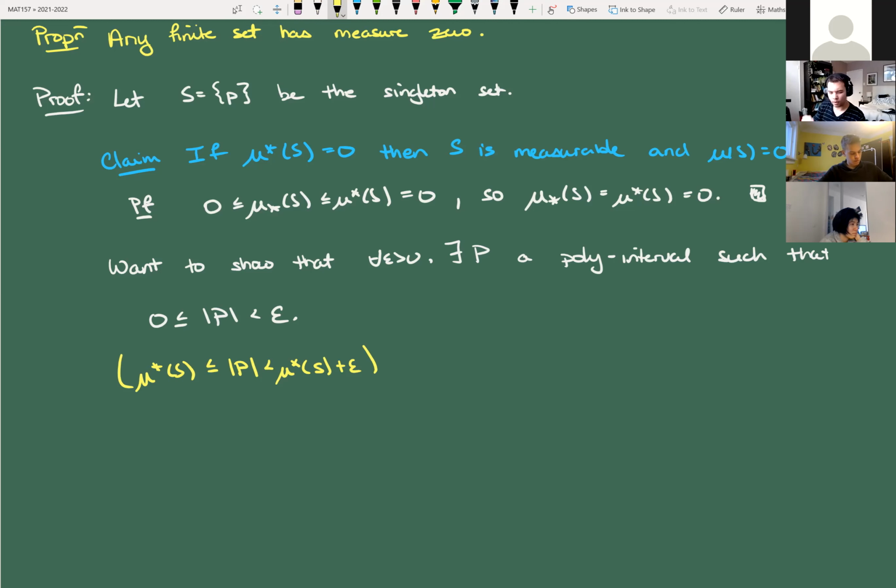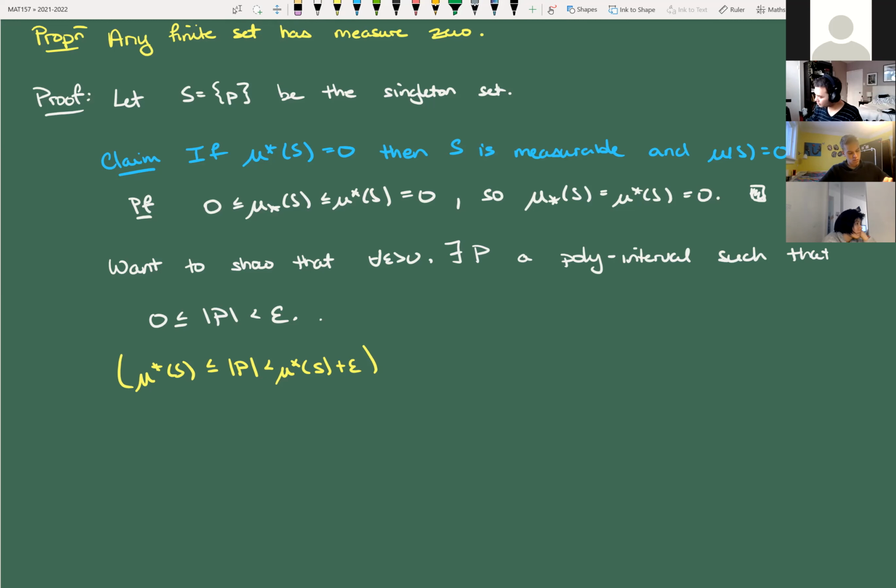So if you're wondering why that is the thing that we're trying to do, the thing in yellow is the epsilon definition of the infimum. And if we plug in 0 everywhere, that's what we get, right? And if you think about this intuitively, it makes sense. What are you trying to show? You're trying to show that there's a covering polyrectangle which covers your set, which has arbitrarily small area, arbitrarily small length. And if you can do that, then yeah, the infimum of those things should be equal to 0. So hopefully that makes sense.